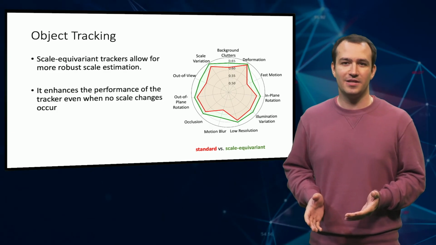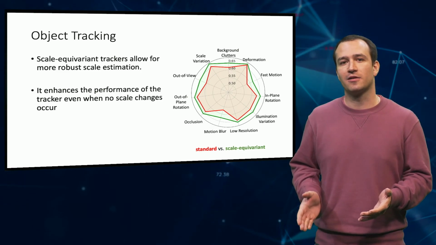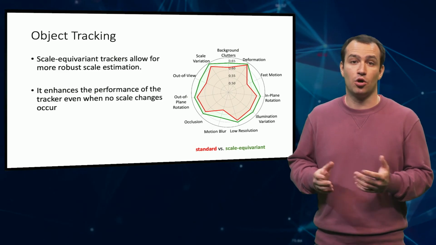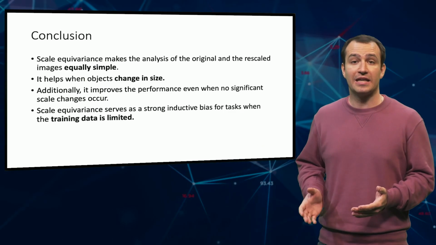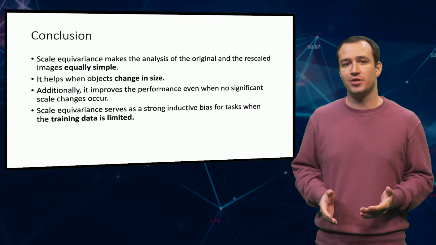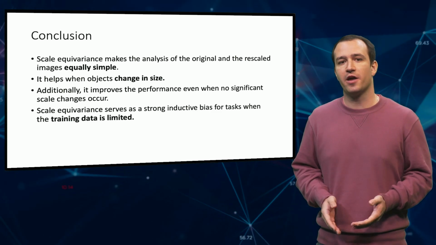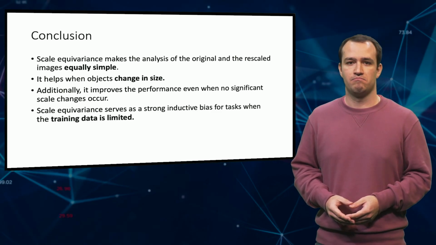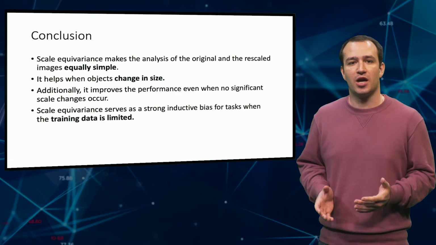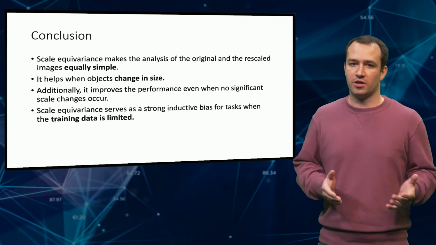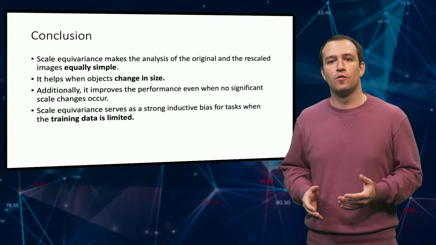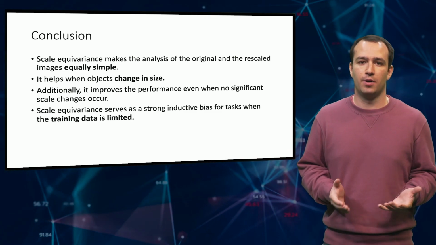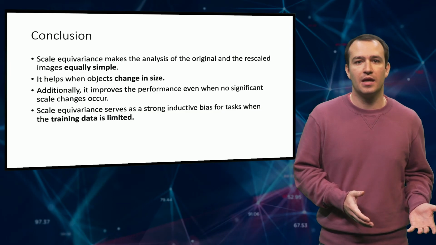Scale by itself is an implicit attribute of any pattern, be it as complex as an octopus or as simple as a circle. By making convolutional neural networks additionally scale equivariant, we simplify their learning task. Now, all scale changes are not required to be learned from the training data as they are built in. It allows for more robust object classification, both when the data is limited and when it's not.